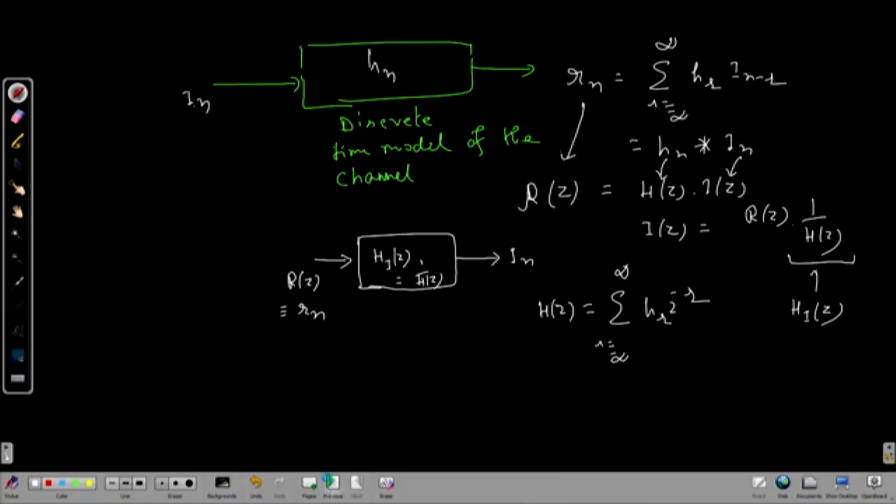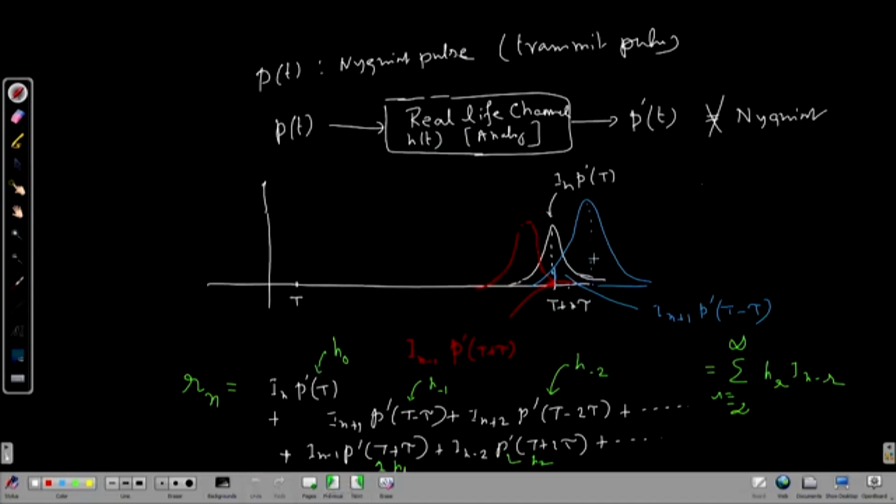If you go to the previous page, you see I called this height, if I take the basic pulse only, if you start from the center point, go tau to the left, I call it H minus 1, 2 tau to the left, I call it H minus 2, and so on. But you understand, if a pulse is like this, if you go tau to the left, you are here, 2 tau to the left, you are here, 3 tau to the left, but beyond a point the pulse will become 0, because it is a time bound pulse only, isn't it? It will become 0.